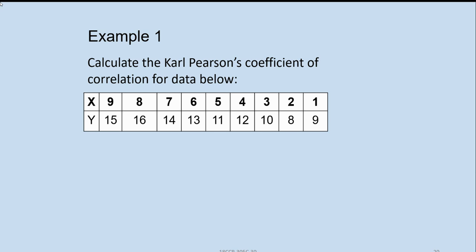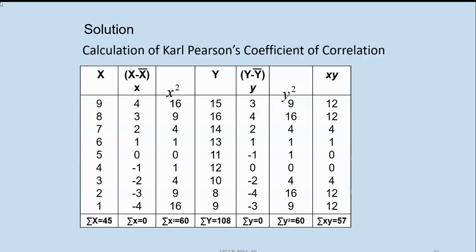That is the formula we will use. Now we have to calculate small x, small y, then x square, y square, then sigma x square, sigma y square, and so on. Small x is equal to x minus x bar, small y is equal to y minus y bar, and then we take x square and y square.